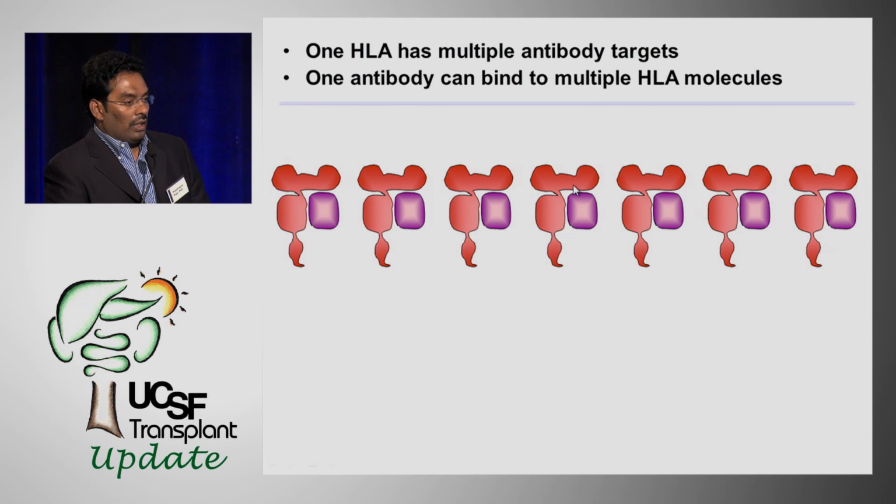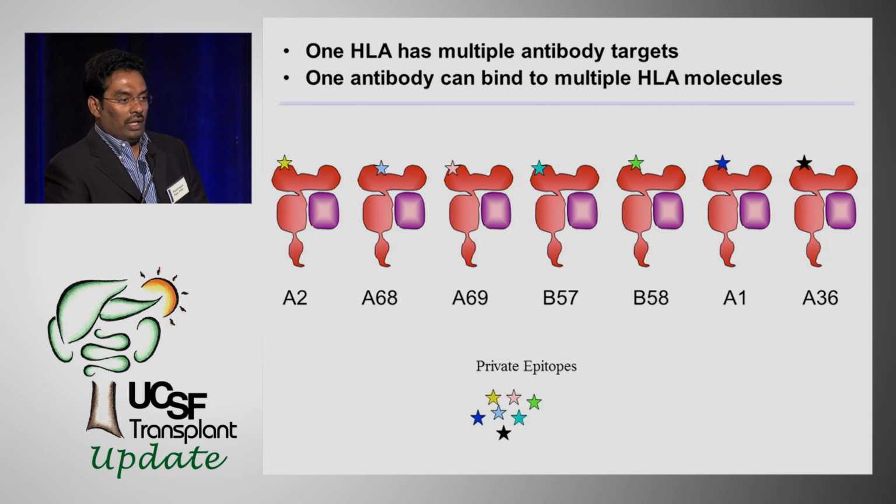If you look at all the HLA molecules, they are very, very similar. The differences are very little. Each HLA molecule has its own unique epitope, which is simply the part recognized by the antibodies. So each HLA molecule has unique epitopes which are recognized by HLA antibodies.